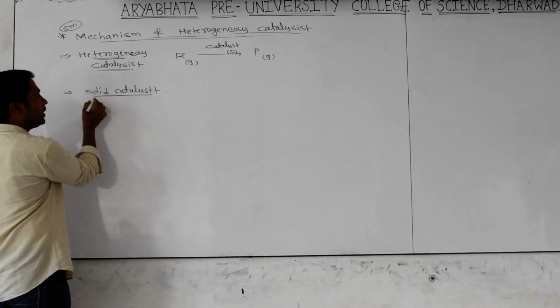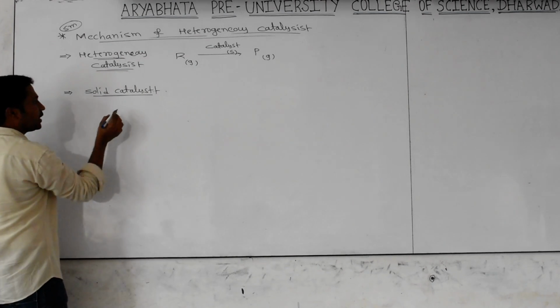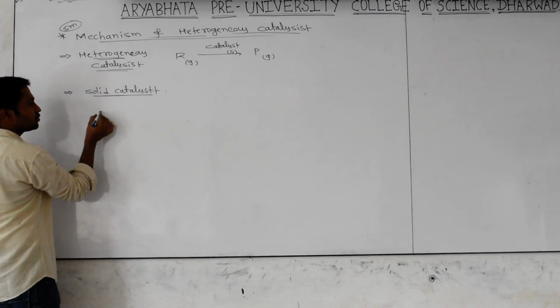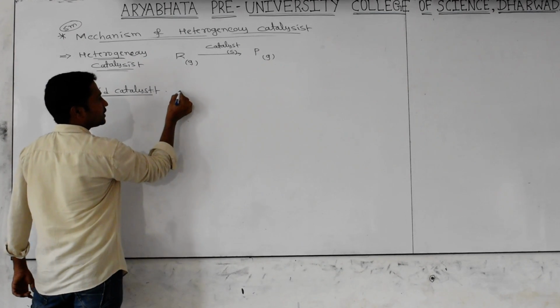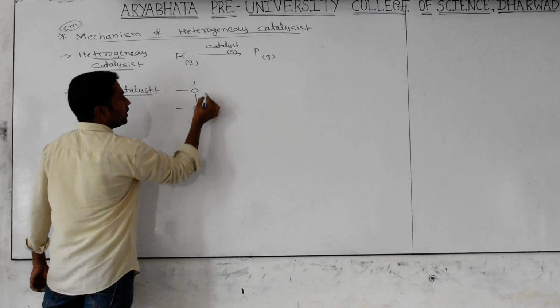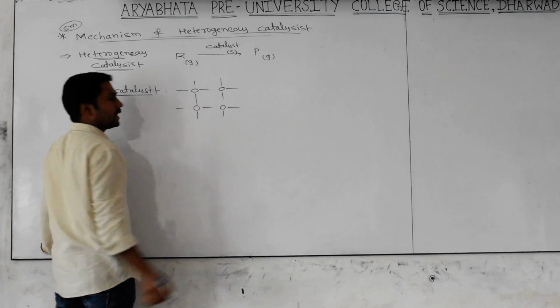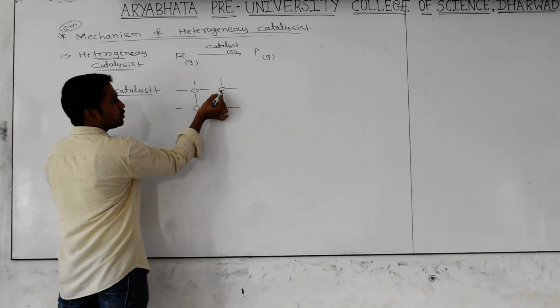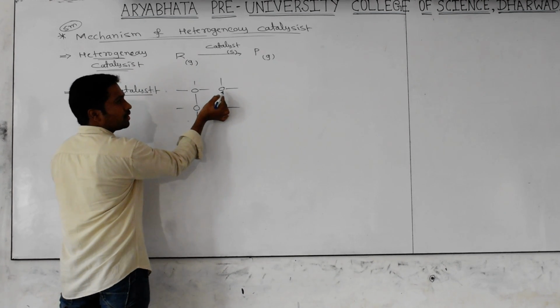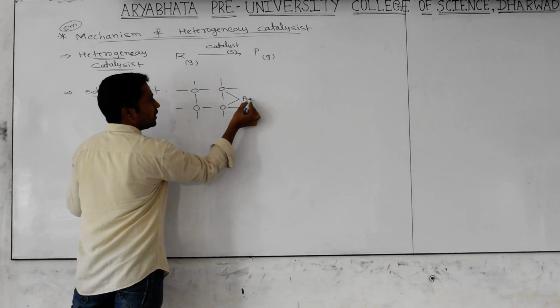You see carefully. On the surface of the solid catalyst, we have some regions of unbalanced force of attraction. For example, like this. This is a solid matter. On the surface of the solid matter, I am showing those active centers. These zeros mean holes or pores, nothing but active centers or active sites.